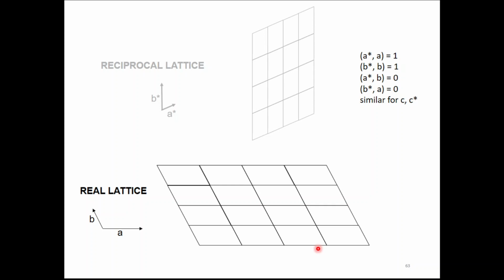Now this is a real lattice, and this is the construction of the reciprocal lattice that is constructed from this real lattice.